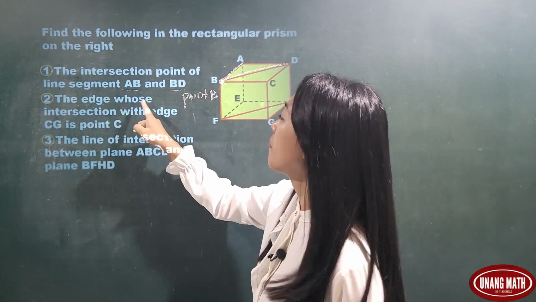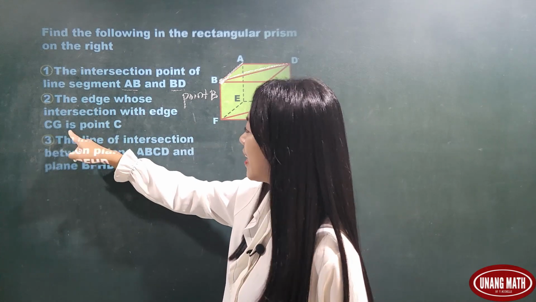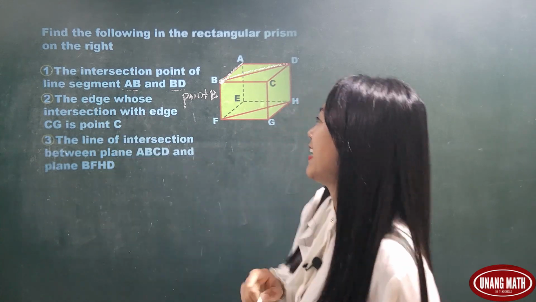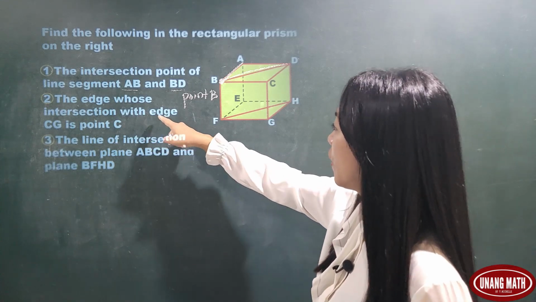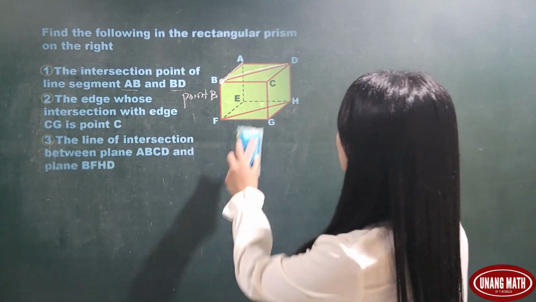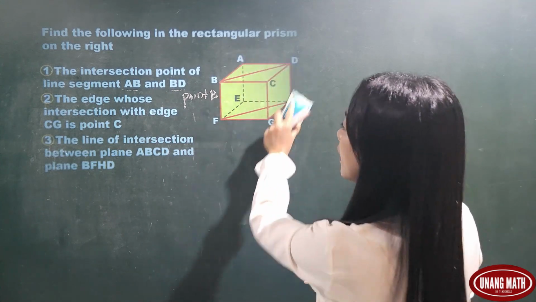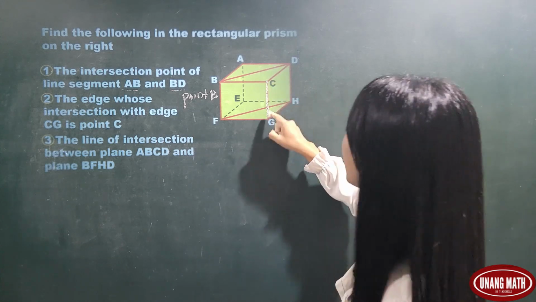What about number 2? The edge whose intersection with edge CG is point C. First, we have to identify where our edge CG is. In this rectangular prism, CG is this line or this edge.